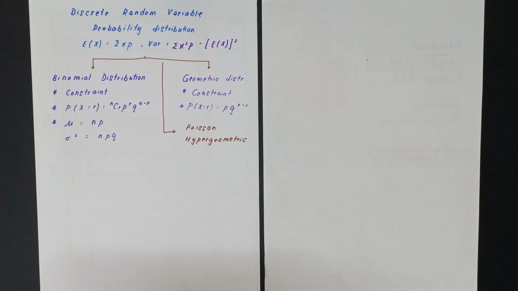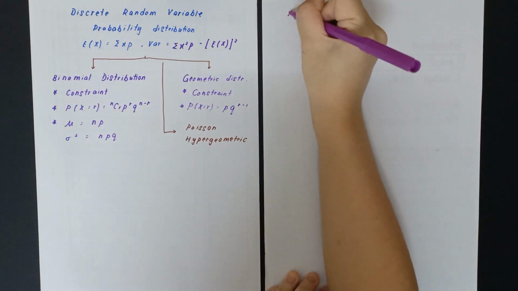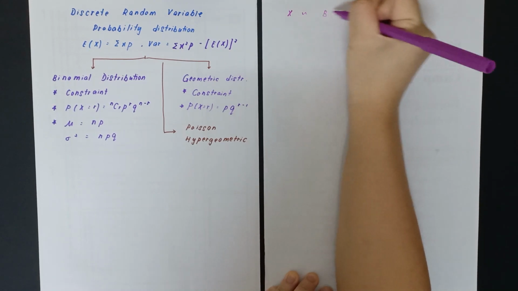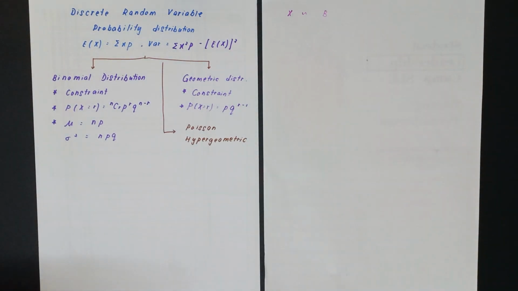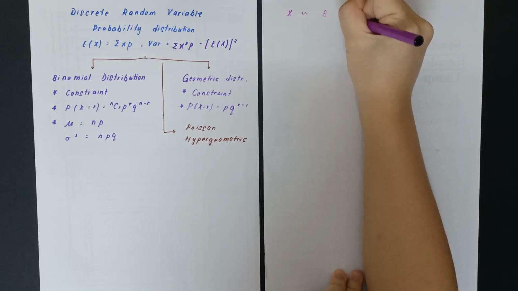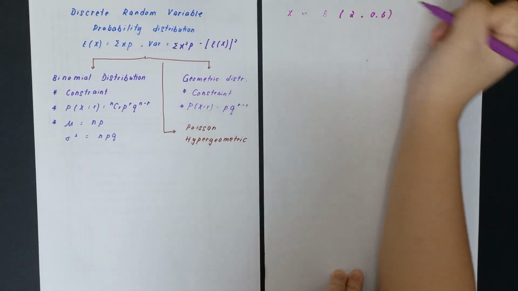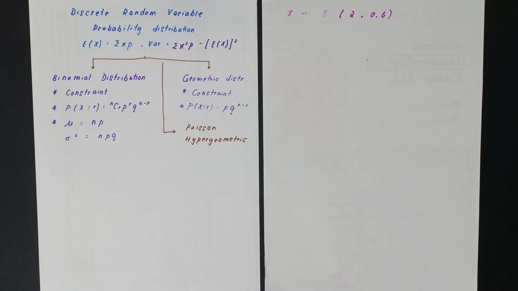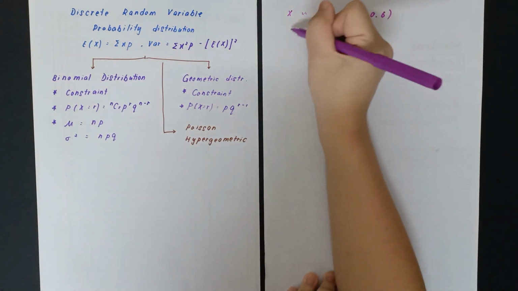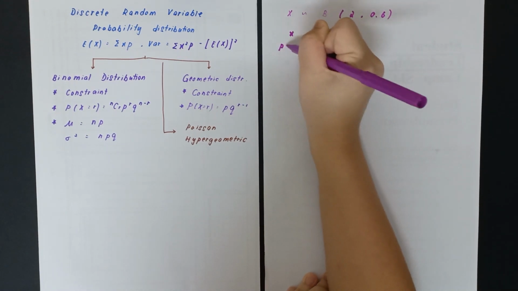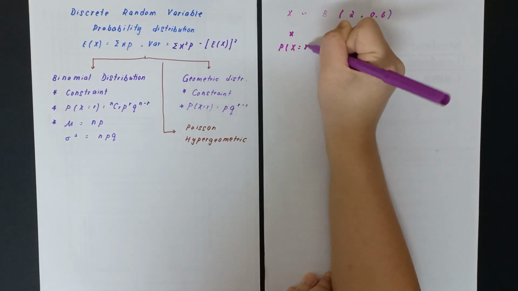Let's just use a very simple example here. X is a binomial distribution with parameters 2 and 0.6. Let's try to create the probability distribution. We have X, then we have P(X = x).